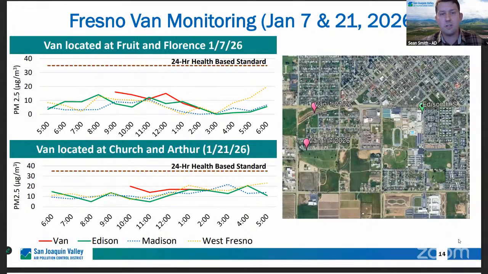The major cross streets are Cesar Chavez and Fruit Avenue. We noticed the same thing, that both sites, the Edison stationary monitor and the van, were under the 24-hour health-based standard. And the slight elevation in PM in the early morning hours could possibly be attributed to road traffic along that area.